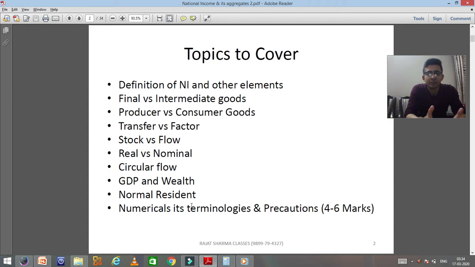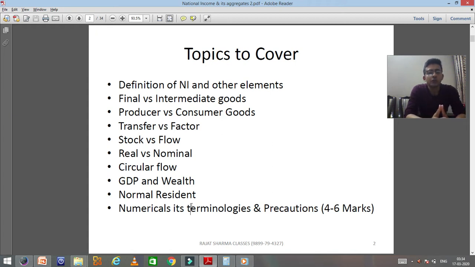Numericals, the various terminologies and certain precautions that we need to keep in mind while calculating the national income. So these are the topics that you cover. If you know all these topics, I guarantee you can score easily 10 out of 10 in this particular chapter.